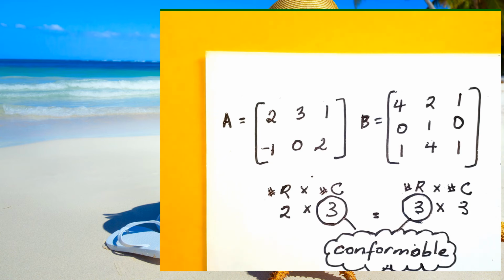The number of columns in the first matrix must be equal to the number of rows in the second matrix. This is what conformable means, and it becomes very applicable when we're multiplying matrices.